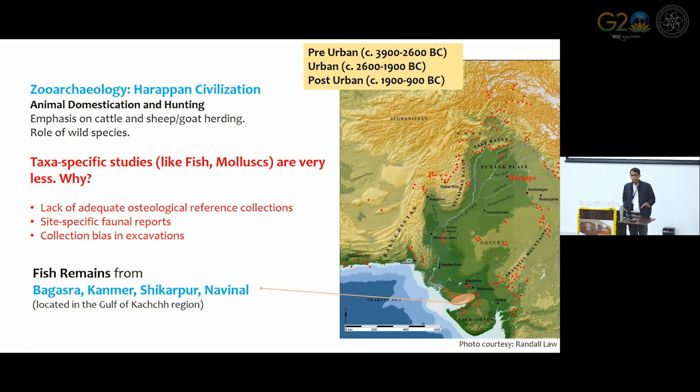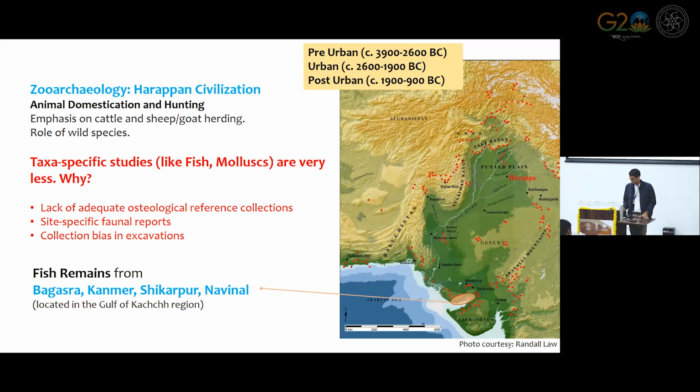Meanwhile, taxa-specific studies are not much popular in zooarchaeology, especially in India. Like Joglekar sir mentioned, for fish and mollusks some work has been done, but for many others like reptiles and birds, they are still very much understudied.